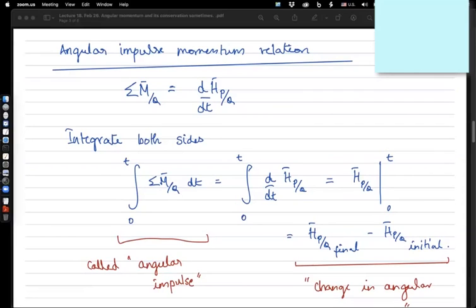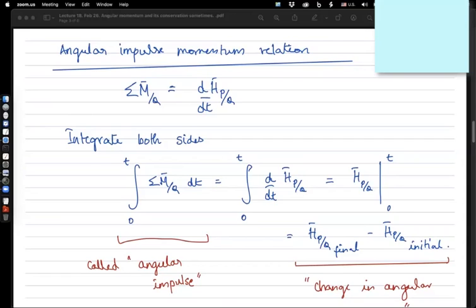This left-hand side quantity, which is the integral of all the moments, is called the angular impulse. If you have the integral of all the forces, it's called just impulse or linear impulse. It's also sometimes called impulse integral because there's an integral there. But basically, this is the angular version of it.